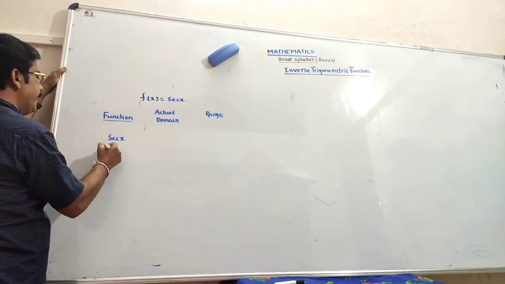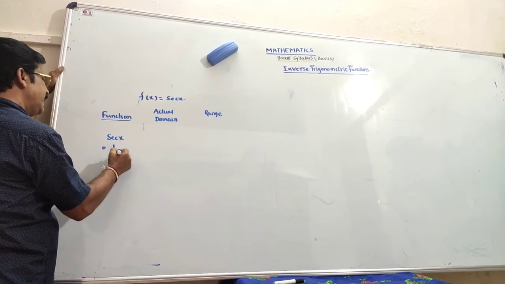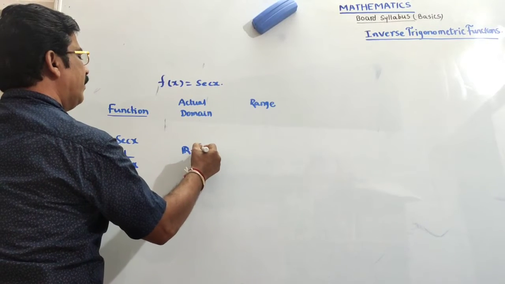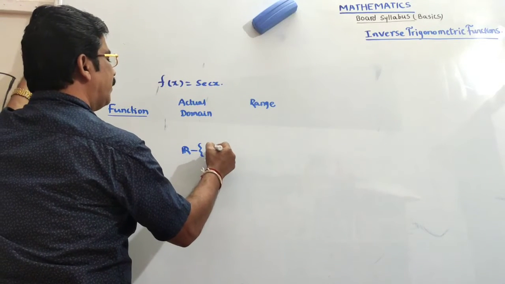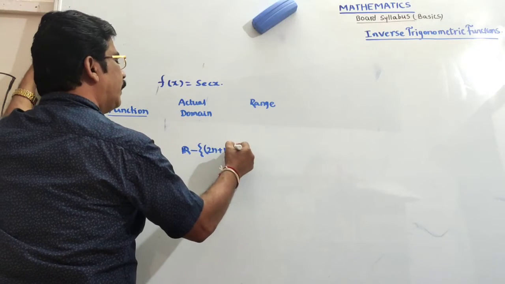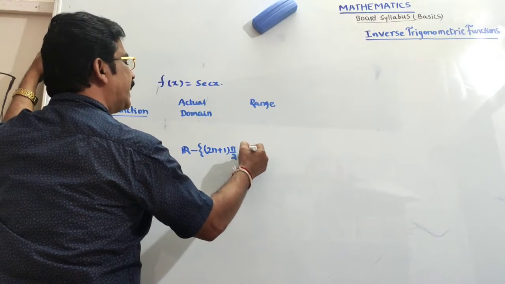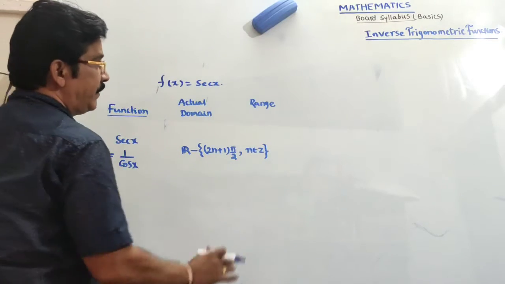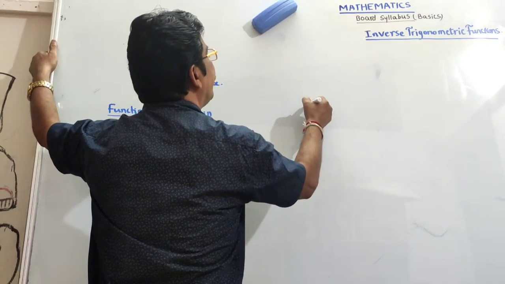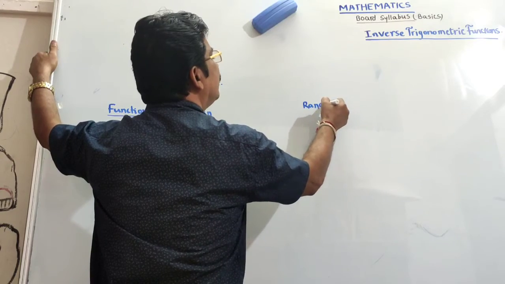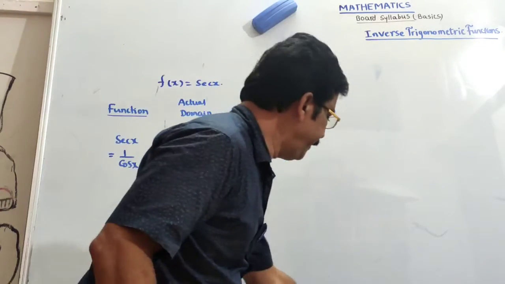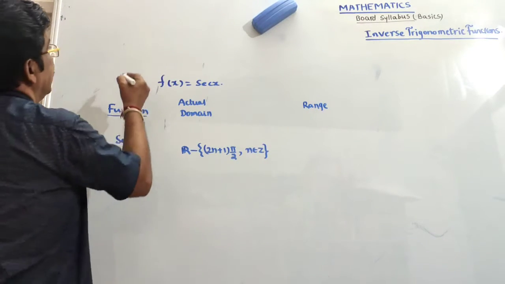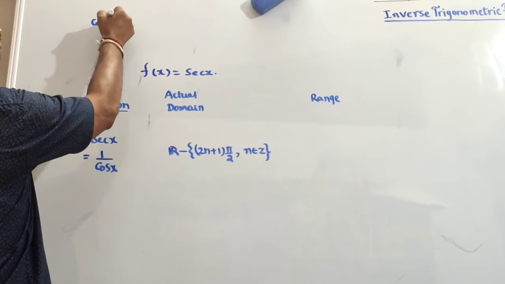Actually secant means it is 1 by cos x. That's why the domain will be capital R minus odd multiples of pi by 2. That's why it is better to practice first the actual domains of all trigonometric functions. Next range, no confusion. It is the reciprocal of cos x. What is the range of cos x?